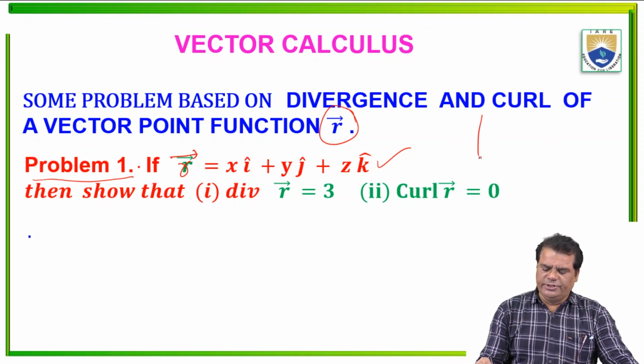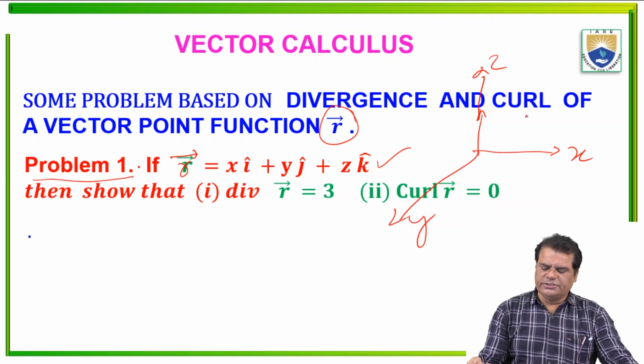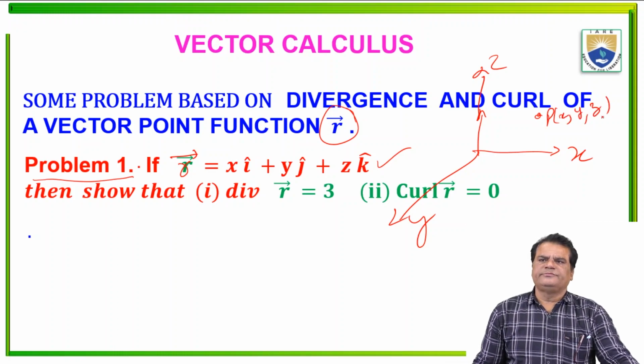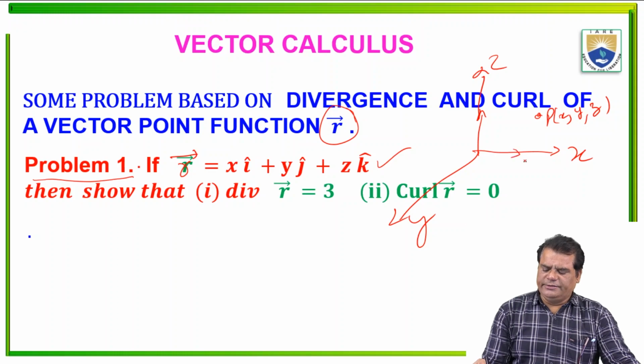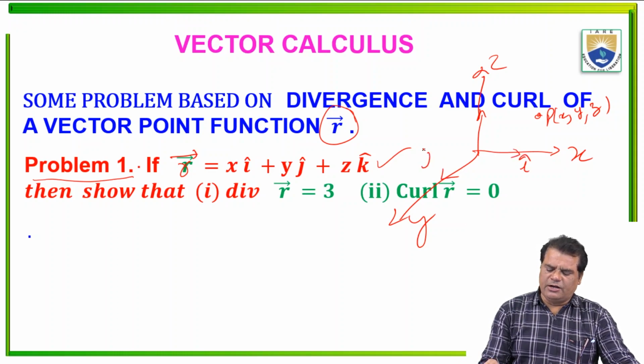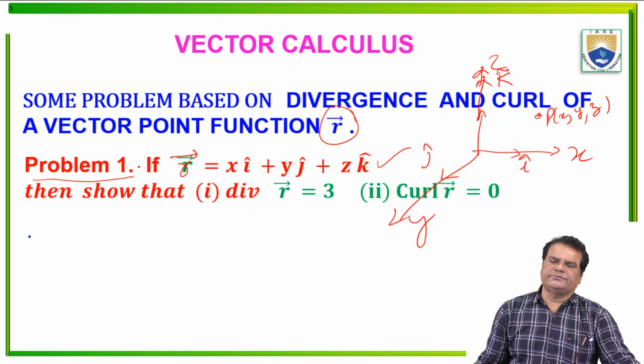I am telling you this. This is the x-axis. This is the y-axis. This is the z-axis. This is the point. The position of the point is x, y, z. Clear? Now, this is i vector along the x-axis, j vector along the y-axis, and k vector along the z-axis.